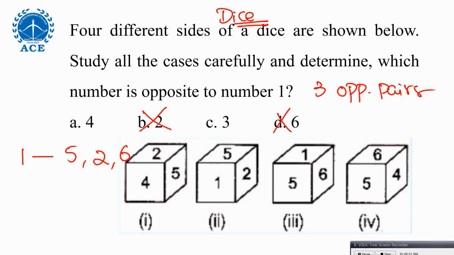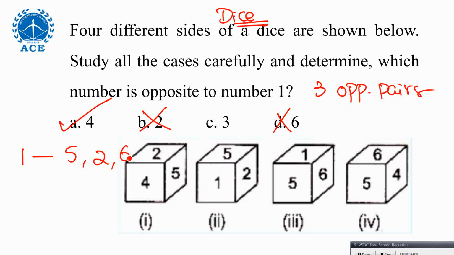It can be 3 or 4. We want the opposite. If you see the diagram, 1, 5, 2 are adjacent, they are connected. One is adjacent to 5 in the second diagram, one is adjacent to 2, one is adjacent to 6, and so on. You can observe that clearly. Yes, answer 4 is correct. Super.